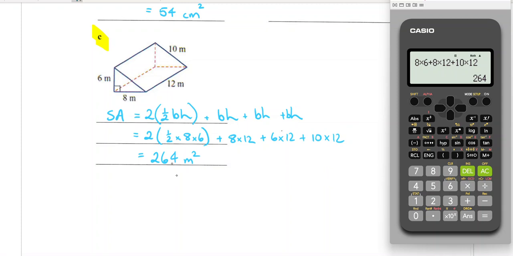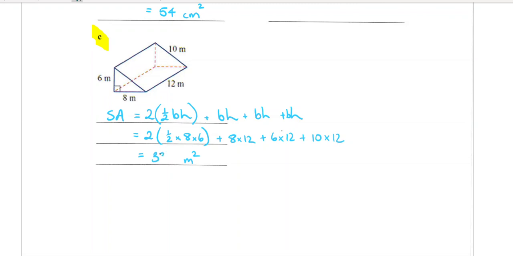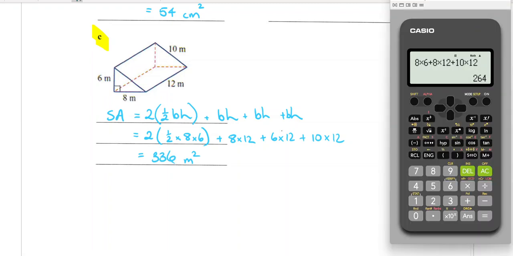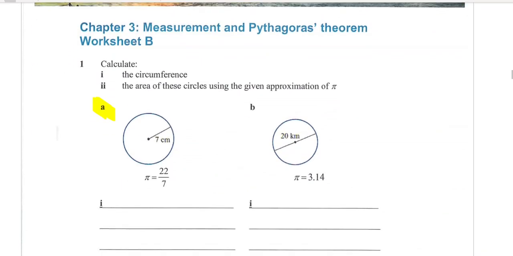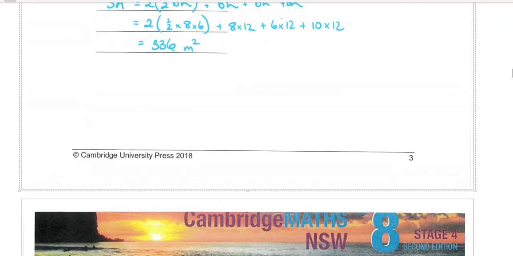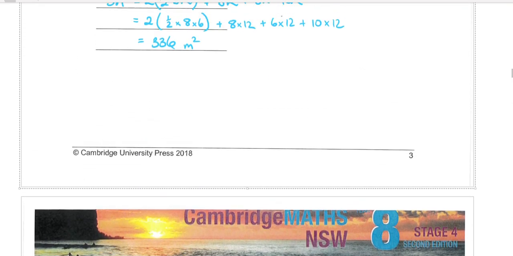Thank you. All right. 336. I was trying to be sneaky. 6 times 8 is the triangles, but I missed my last rectangle. That's all right. Thank you for fixing that. Okay. 336. Yep. Meters squared.